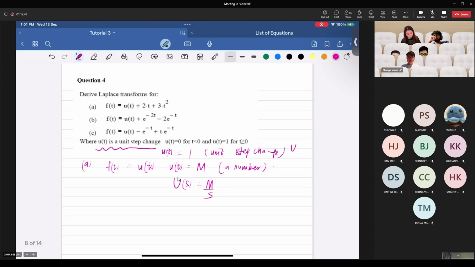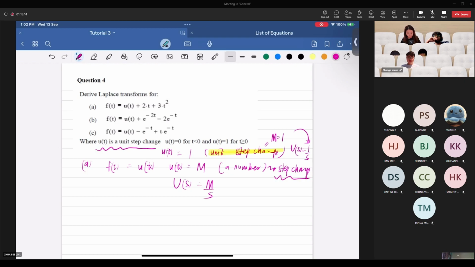So my us equals 1 over s. If this is a number, then we call this a step change. Unit step change means m is 1. Therefore you get 1 over s.